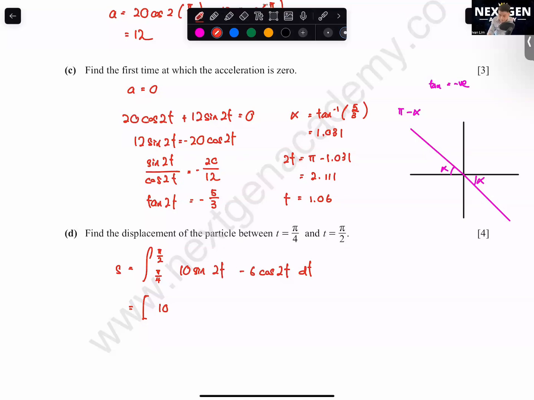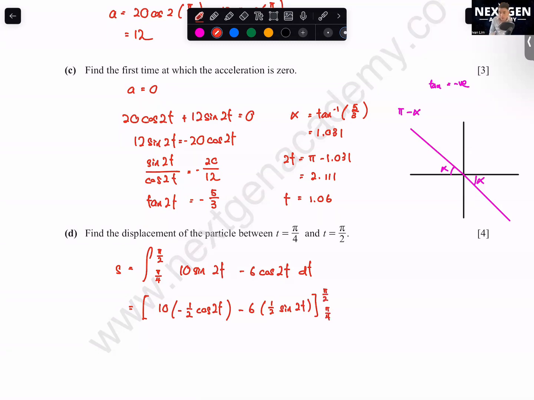Sine 2t, sine will become negative cos 2t, then here 1 over 2. Then minus 6 cos will become sine, so here is 1 over 2 sine 2t, from pi over 4 to pi over 2.